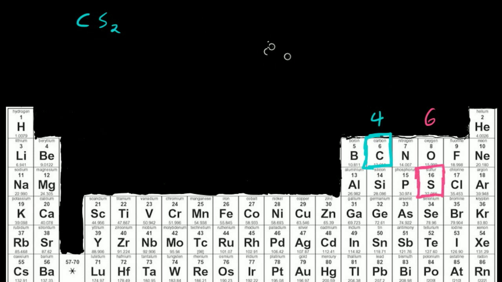Well, it's going to be carbon, right? Carbon is the less electronegative atom. It's most often going to be our central atom, and it's also going to be able to form the most bonds. So carbon is going to be our central atom.